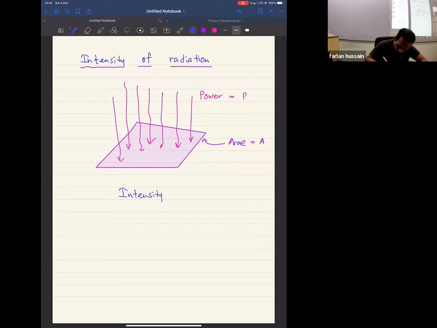Intensity is power passing through a unit area, which means power over area. Intensity is equal to power over area.